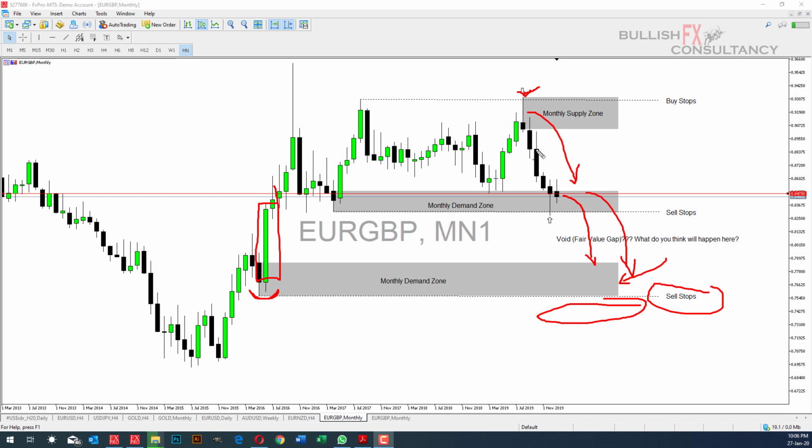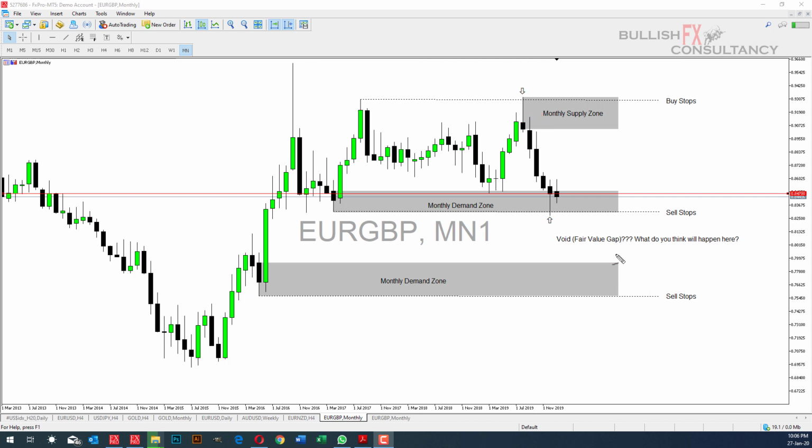We had the same setup on USD JPY where we had a liquidity void that eventually got closed up. So I'm expecting EURGBP to dip down into the 0.7780 demand zone. I'm really forecasting, that's my outlook.